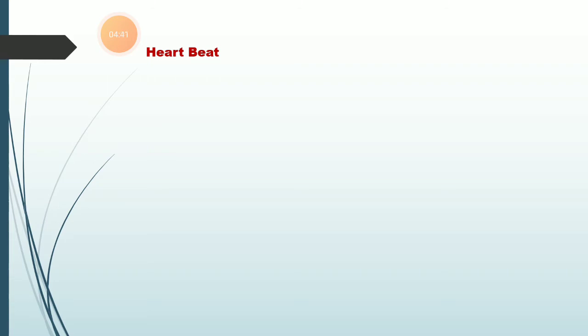Next, heartbeat. One contraction, systole, and one relaxation, diastole, together is called a heartbeat. It happens 72 to 75 times per minute. Next, pulse. With the heartbeat, blood is forced into the arteries.